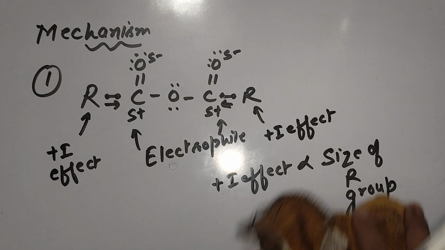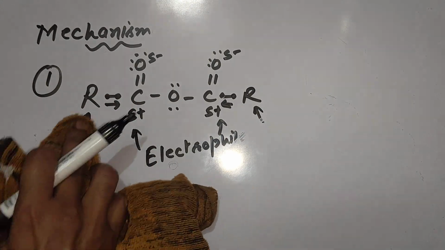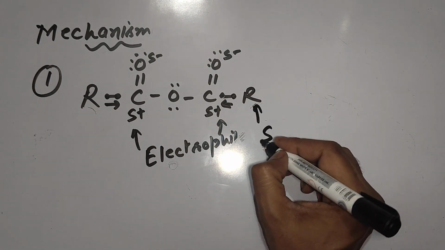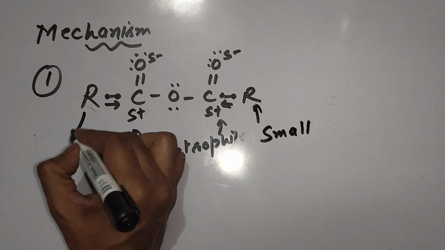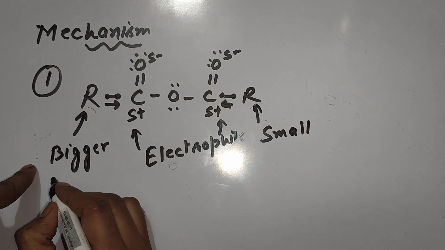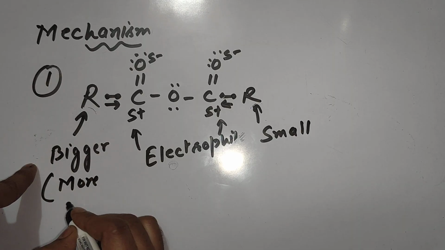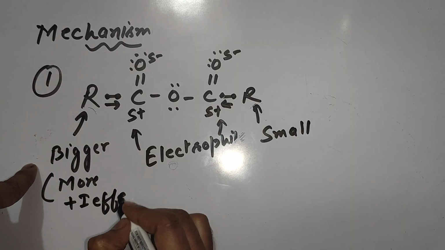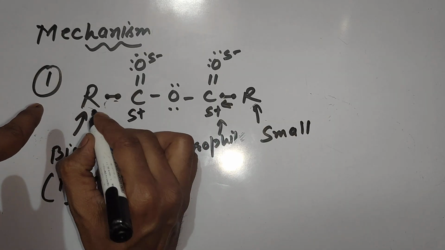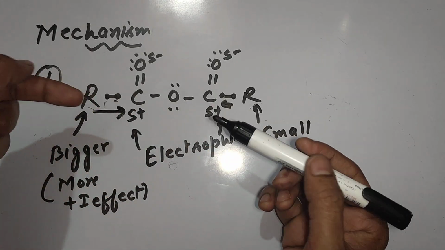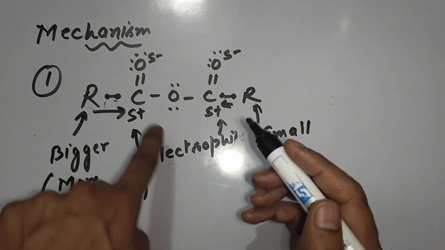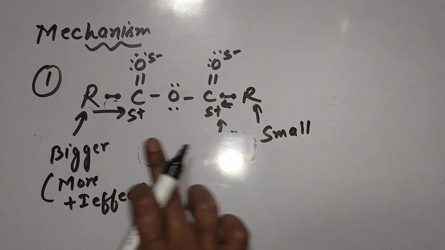Now suppose, let's assume this R group is small and this R group is bigger. Due to the bigger R group, more plus I effect will be there, due to which the movement of electrons toward this carbon will be very, very high. Now, don't you think that because electrons are coming toward carbon, its positive charge will decrease? Yes.